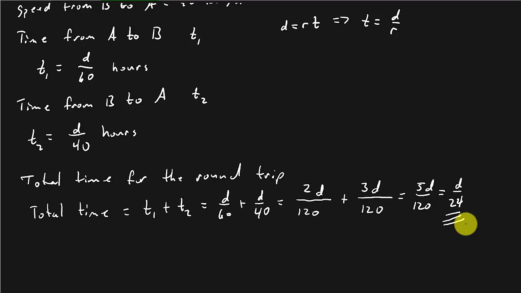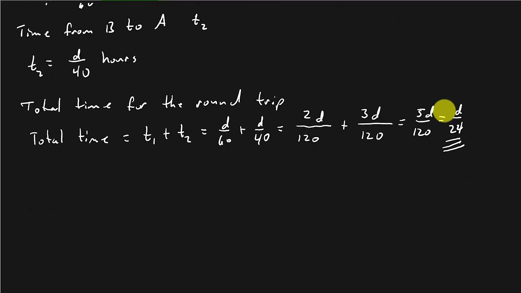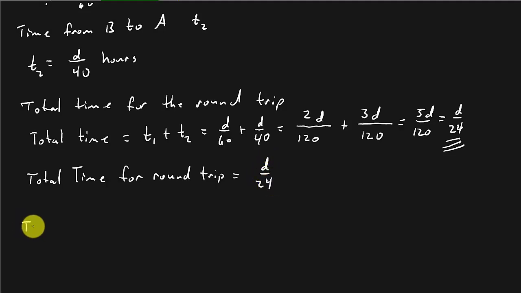All right, now, what would be the total distance? So let's just write this: total time for round trip is equal to D over 24. And then we need the total distance for the round trip.